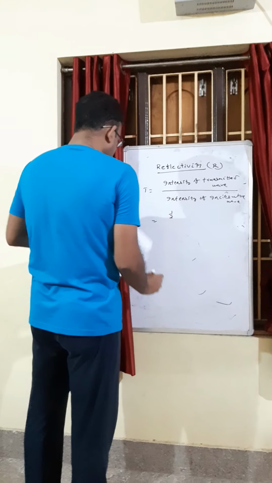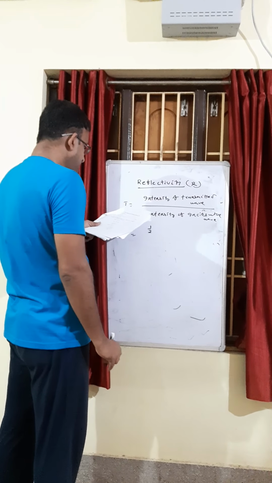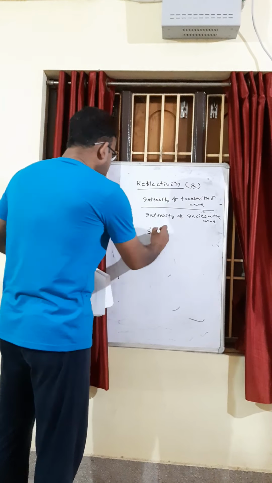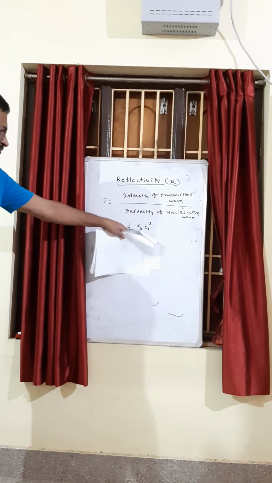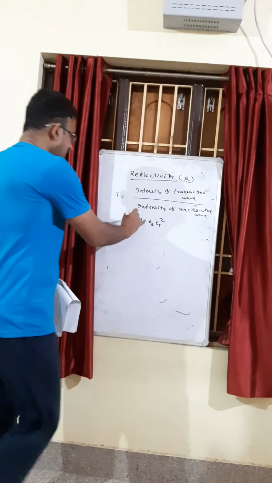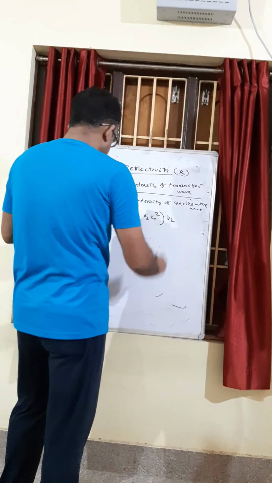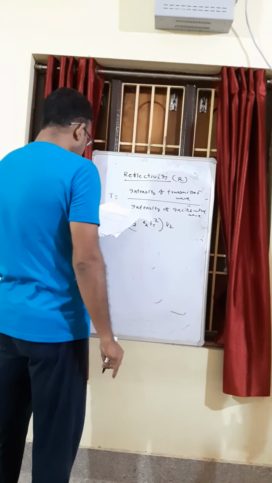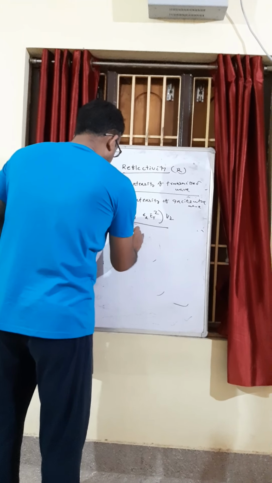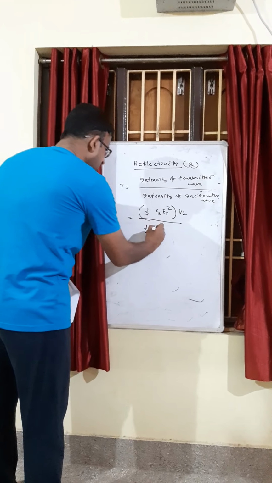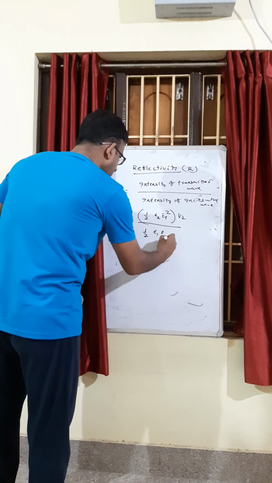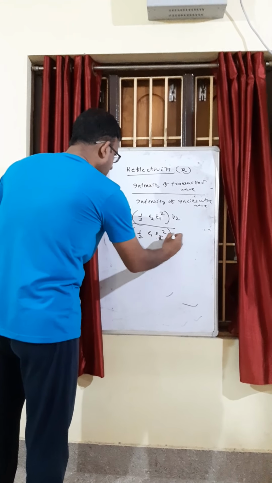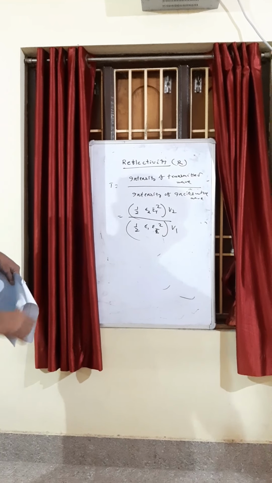Now this will be your energy density, half epsilon 2 Et square. This is your energy density in the transmitted part, where the permittivity is epsilon 2. Energy density into velocity, and the velocity is v2, divided by half epsilon 1 EI square, the energy density for the incident part, into the velocity v1.